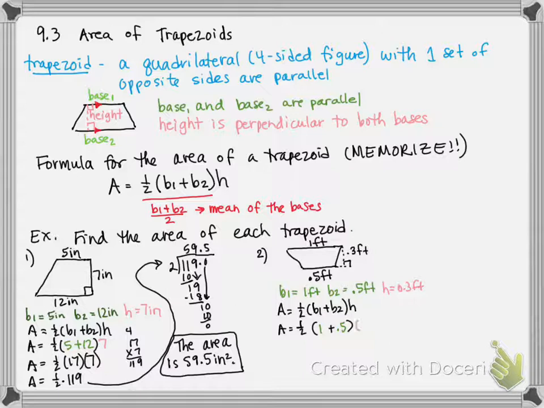Now, I've been kind of mean with my numbers, and none of these so far have been even that I could divide the 2 into from the half, so it's just what it is. So I simplify, and I get area is 1/2 times 1.5 times 0.3.